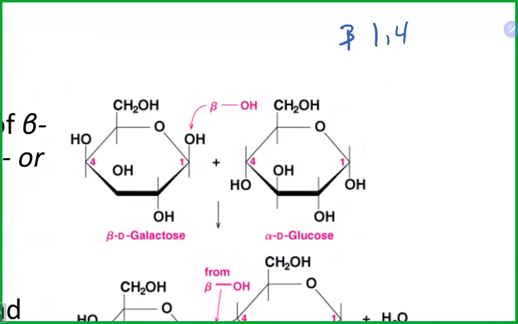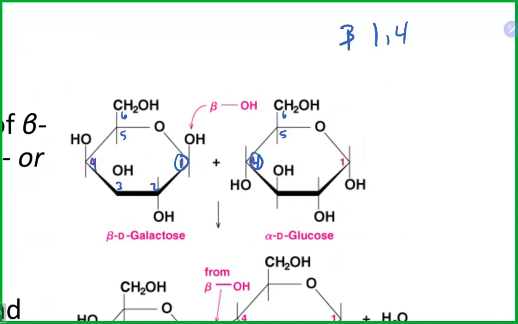How we get to those numbers is this is carbon 6, 5, 4, 3, 2, and 1. That's where the 1 comes from, and it's the 1 and 4 carbons that come together here.